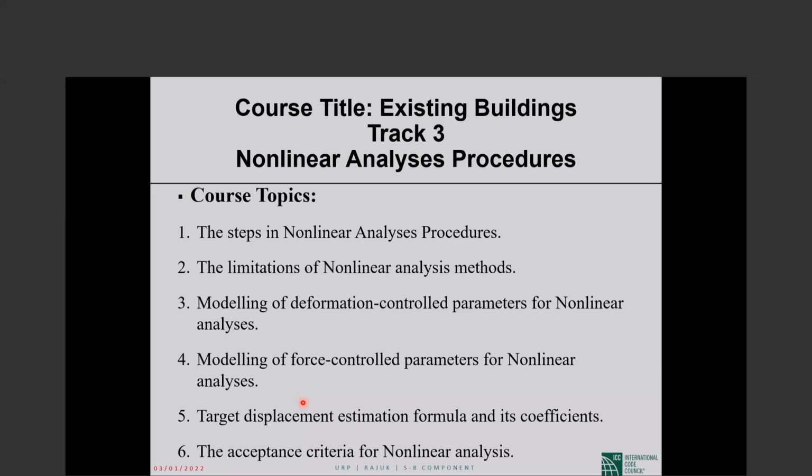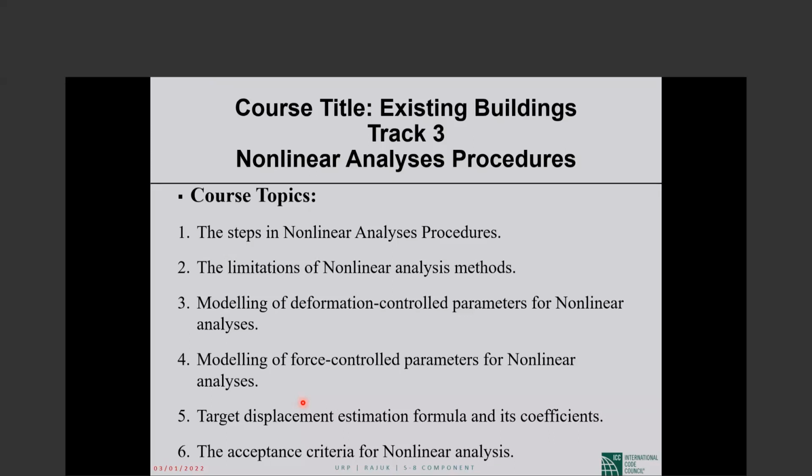Number 5 is a formula that, instead of calculation of the base shear, here in the nonlinear static approach we should calculate target displacement. Base shear was the quantification of earthquake in elastic analysis.